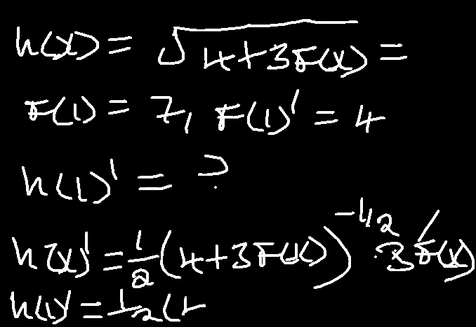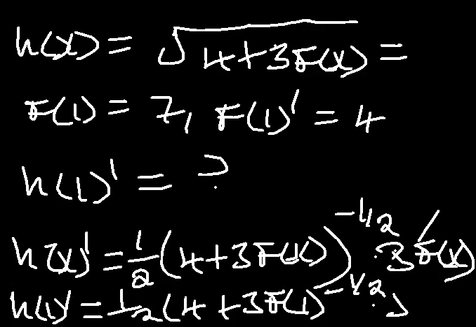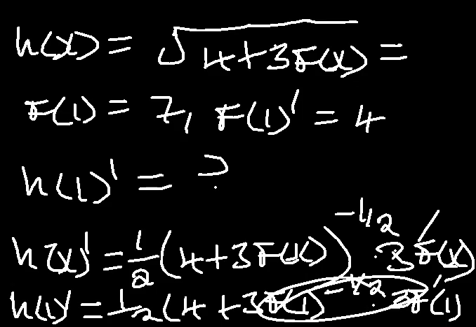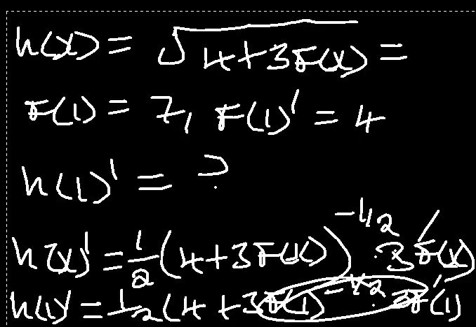We'll have 4 plus 3 f of 1 to the power -half, times 3 times f of 1 prime. Then we'll have to substitute the given information and see how we can work it out there.